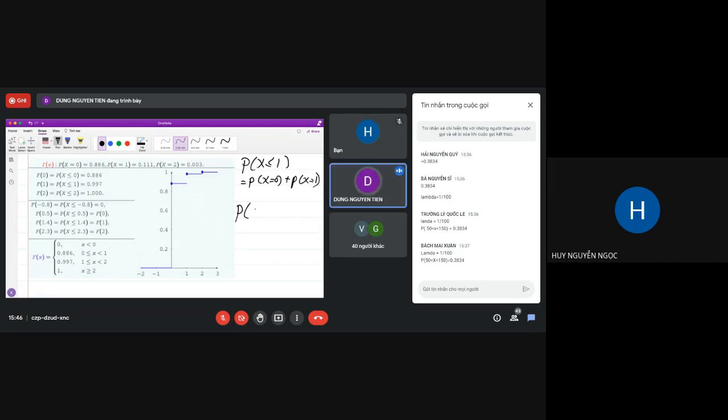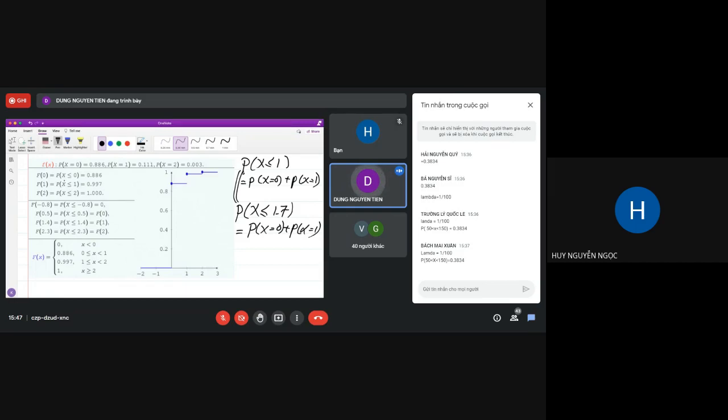And if you want to find the probability that x is less than or equal to 1.7, for example, what is that? It is still x equals 0 plus x is 1, correct? Oh yeah, sorry, I forgot that it is a discrete value. That's true. That's why they are all the same. Okay, that makes sense.